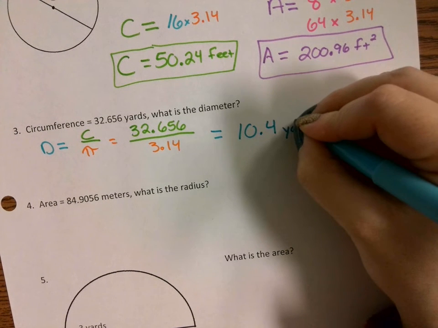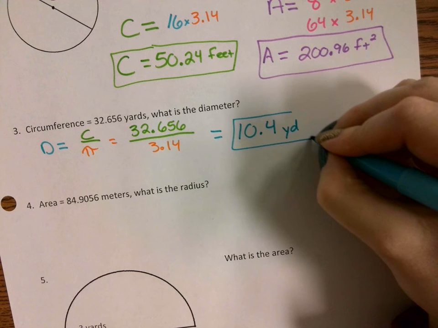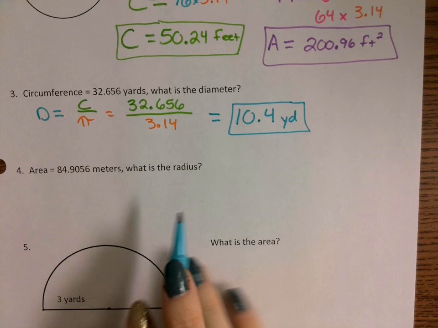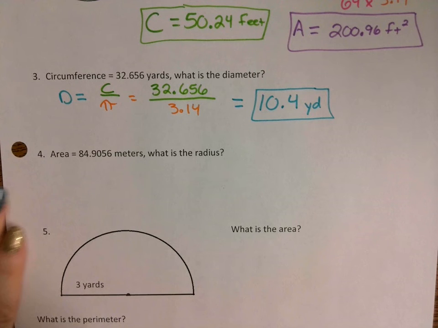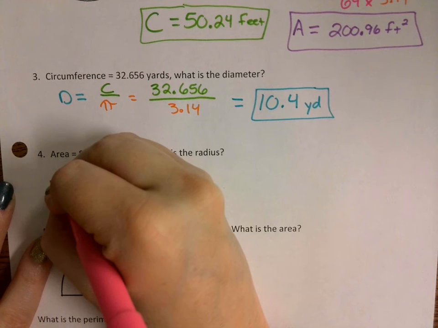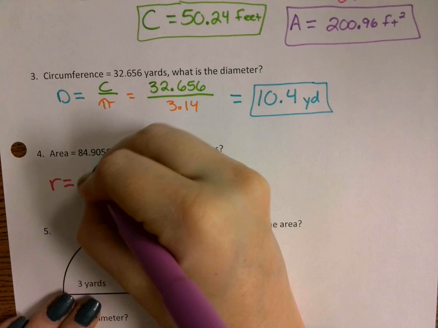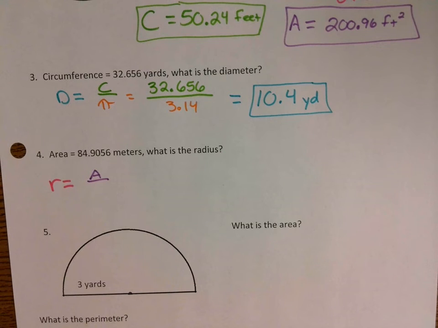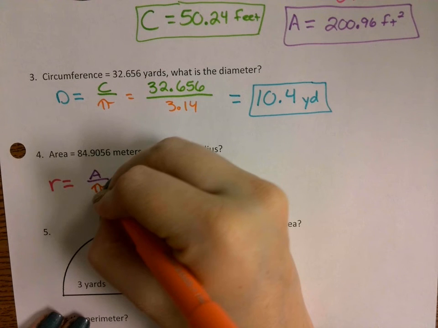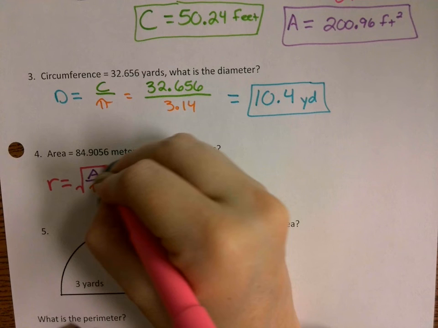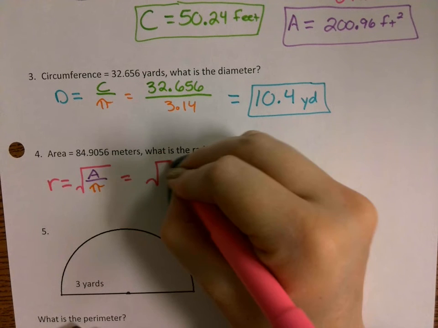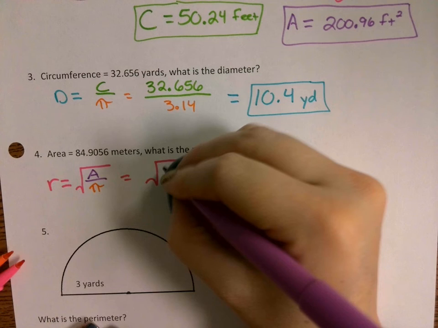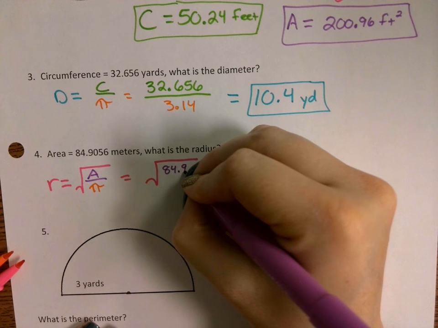Okay, for the area formula, in order for us to find the radius, we are going to take the area and we're going to divide it by pi, and then we're going to take the square root of that answer. So that means we're doing the square root of 84.9056 divided by 3.14.